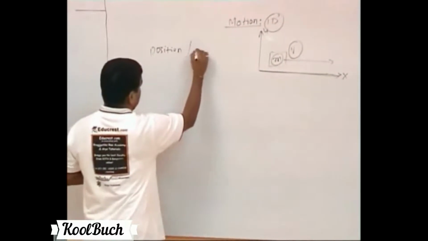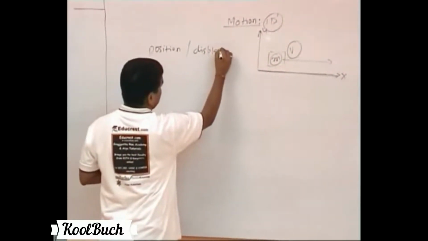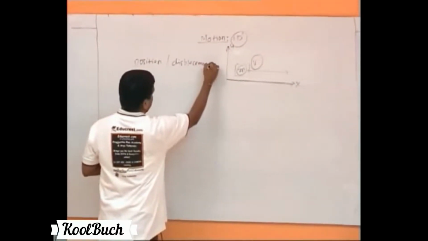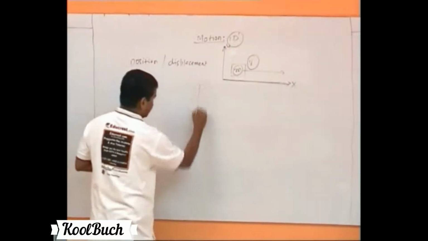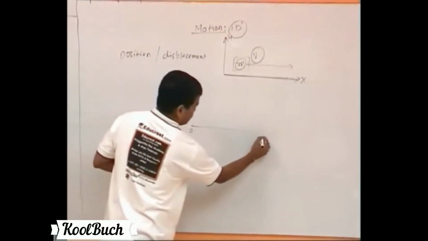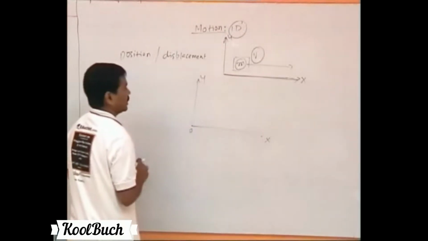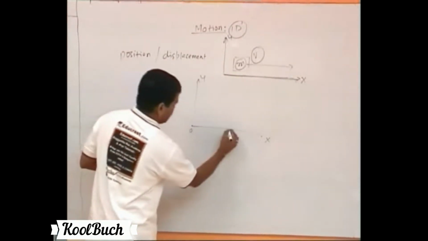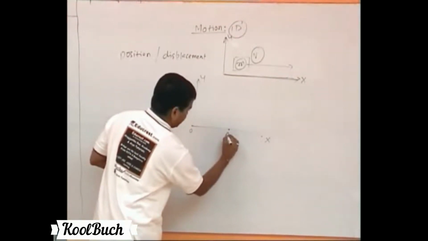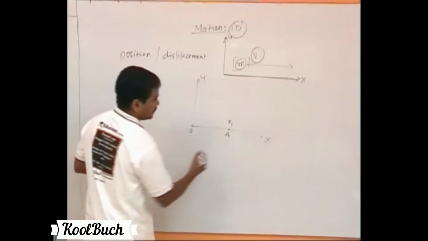Now what is position and displacement? For example, again take a coordinate system. This is the origin, this is the x-axis, y-axis. So let's say the object in the beginning is at a point A, which is at a distance x1 from the origin.